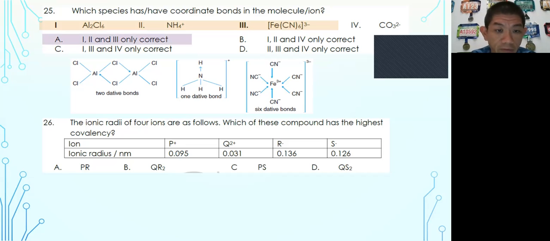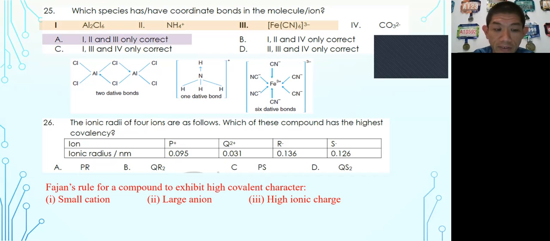26. The ionic radii for 4 ions are as follows. Which of the following has the highest covalent characteristic? In order to understand the covalent characteristic, you have to go according to Fajan's rule. Fajan's rule states that if you want to exhibit a high covalent character, you must have a small cation, a large anion, and also high charge. In here, we are going to slightly use a little bit of mathematical things in order to understand. Let's have a look together on which pair is expected to have the greatest covalency.